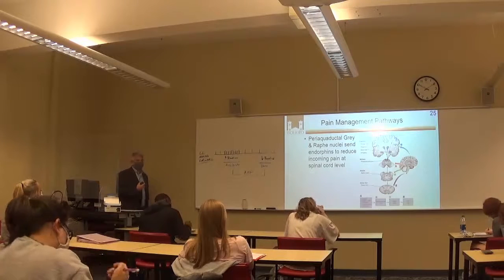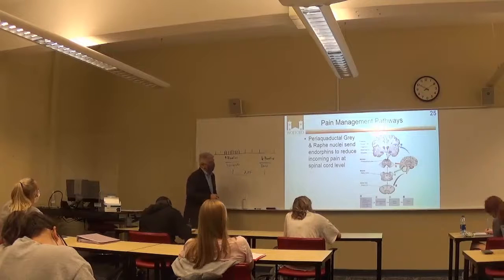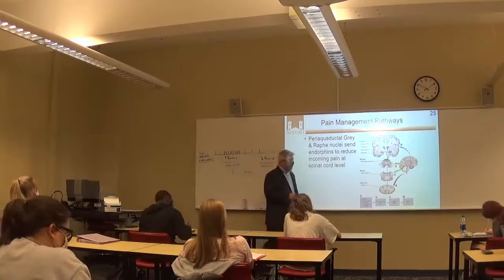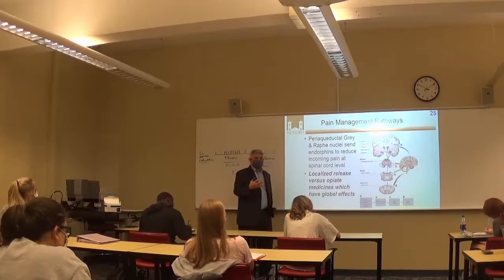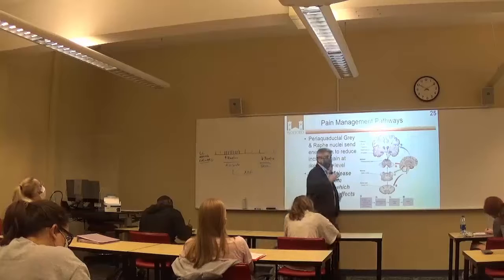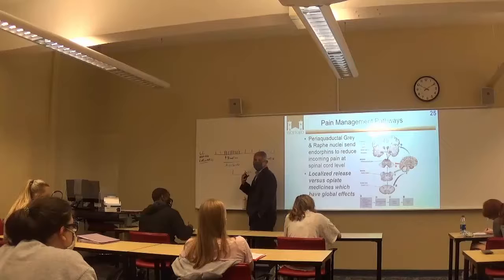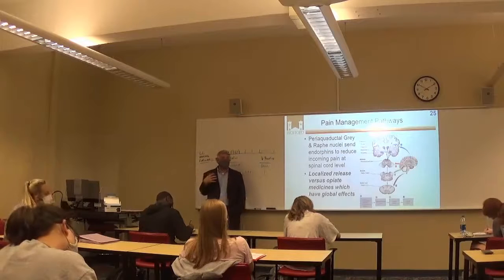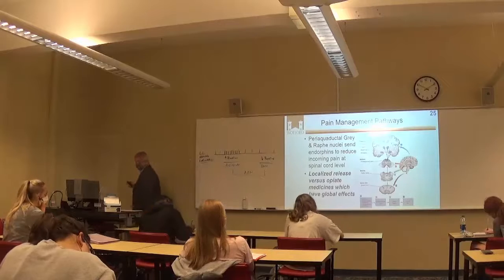So you write PAG, it's the periaqueductal gray. And the Raphe nucleus send a descending pathway down the spinal cord and release endorphins through a heteroreceptor. That's why you had to learn heteroreceptors, because this is how the pain management system works, to shut down or reduce the amount of substance P being released.